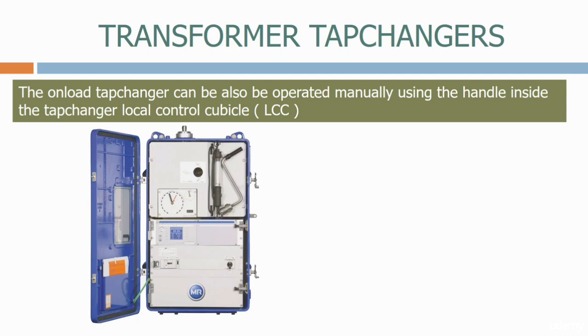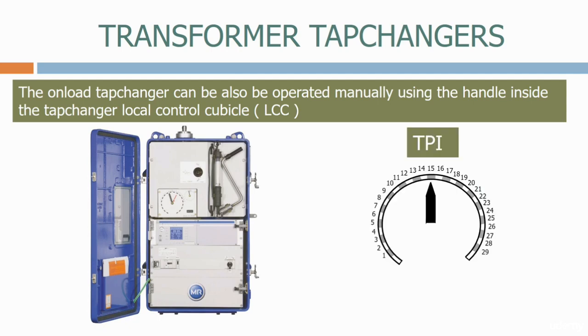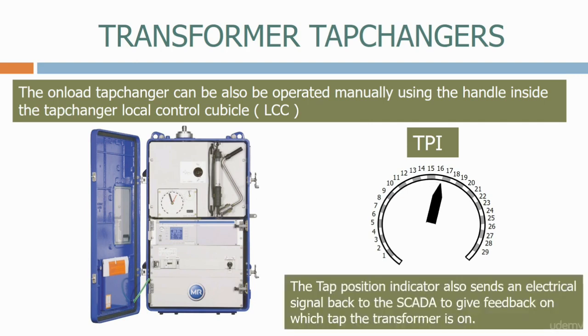Here's a typical local control cubicle. As well as the operating handle, we can also see the tap position indicator, or TPI, which shows the tap that the transformer is on. The tap position indicator also sends an electrical signal back to the SCADA to give feedback on which tap the transformer is on.